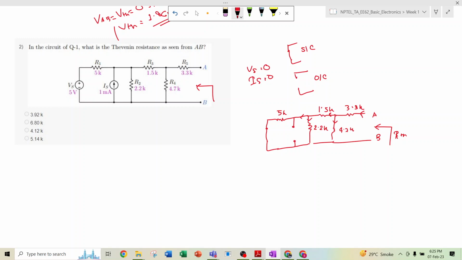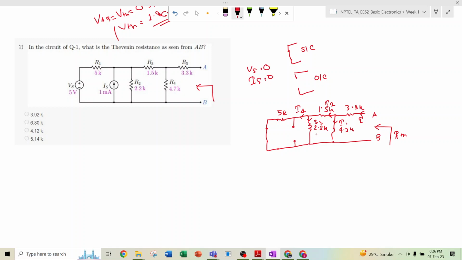Whatever current is flowing through the 1.5K, suppose I consider this as I1, this is I2, this is I3, and this is I4. Whatever I2 current is flowing, that is dividing across 2.2 and then 5K, and then it is meeting again here.